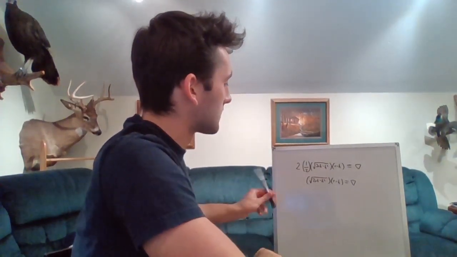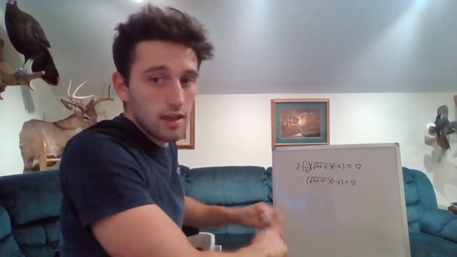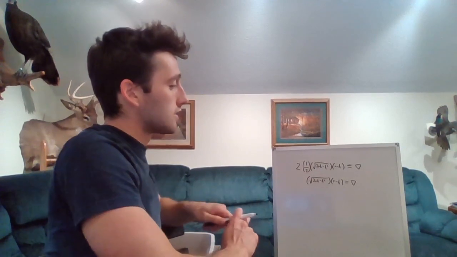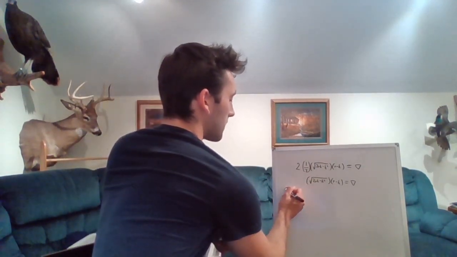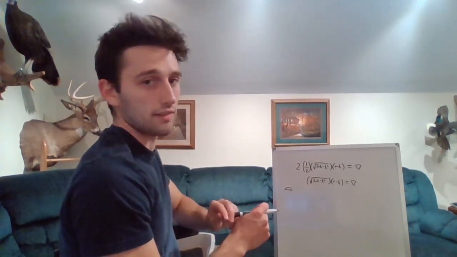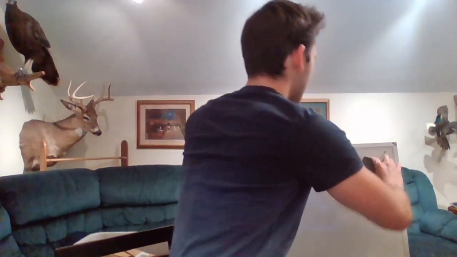So, since we know what the ice cream cone area is and what this triangle area is, well, now we can subtract them to get the area of the shape that was kind of like this half circle. So let's go ahead and do that.